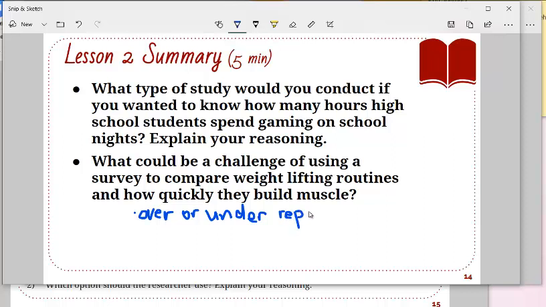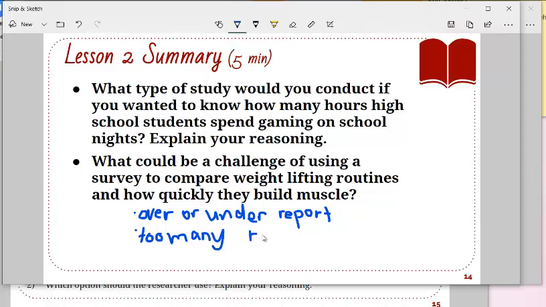I also don't have some specific weightlifting routines that I'm asking them to fit into. So in a survey, there are thousands of weightlifting routines out there. And so I don't have a set number of groups about their routine. Oh, my writing is terrible here.